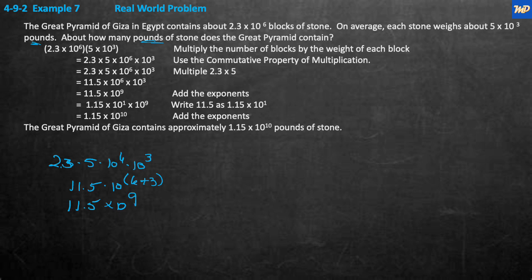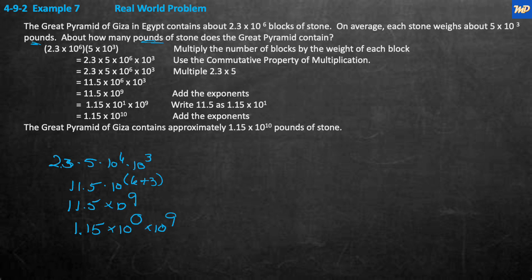Okay, but can we leave it at 11.5 times 10 to the 9th? No, we have to get it in scientific notation. So we want it to be 1.15 times 10 to the something times 10 to the 9th. So in order to get from 1.15 to 11.5, we have to multiply this number by 10.